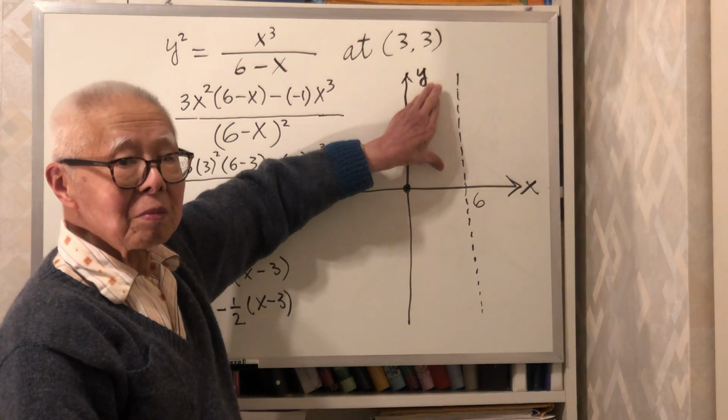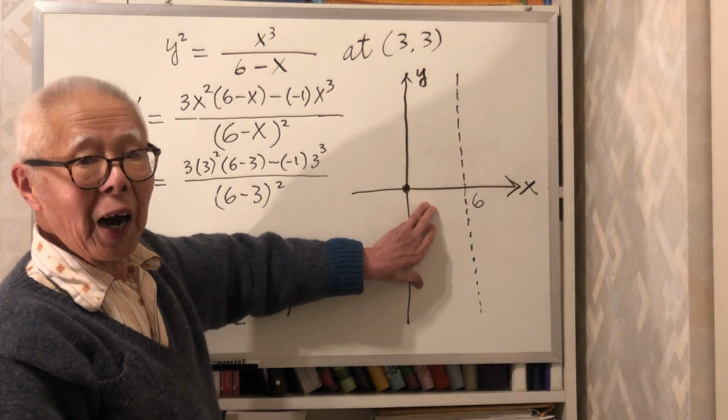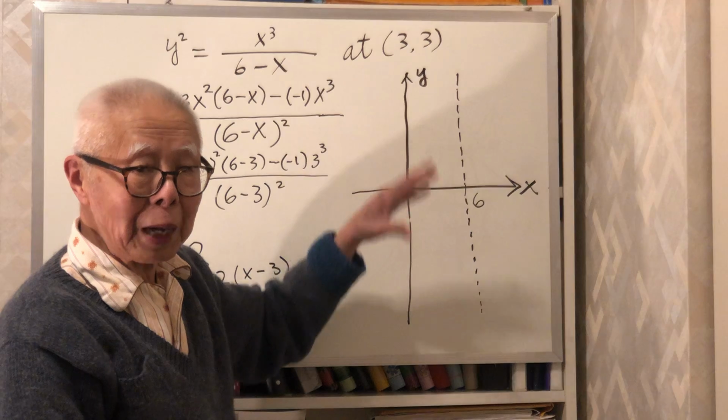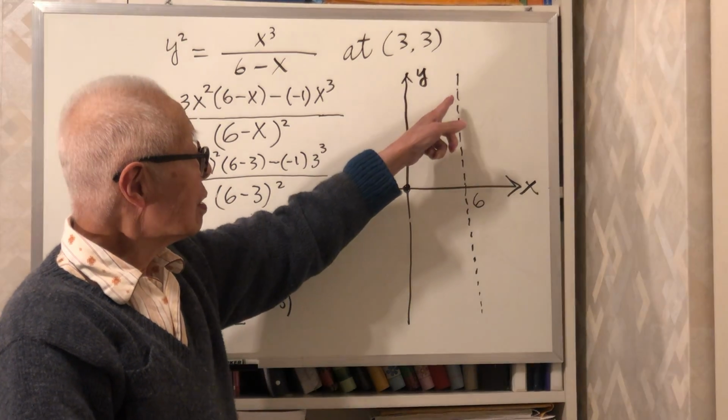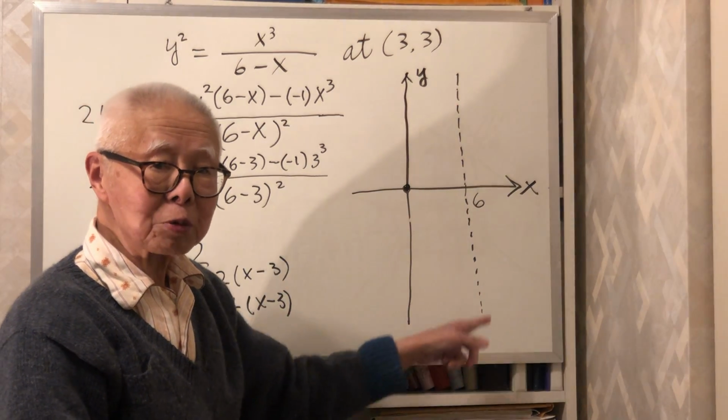This part and this part is a reflection. It is symmetrical. Vertical asymptote.